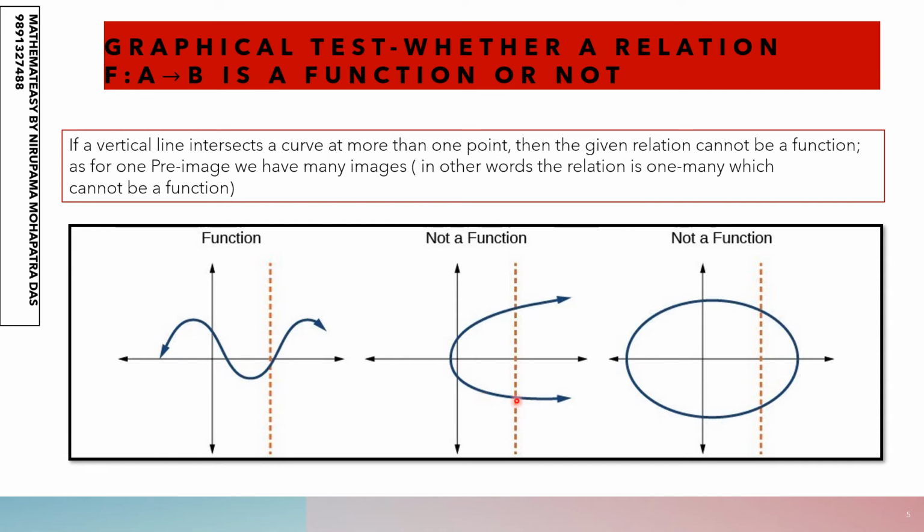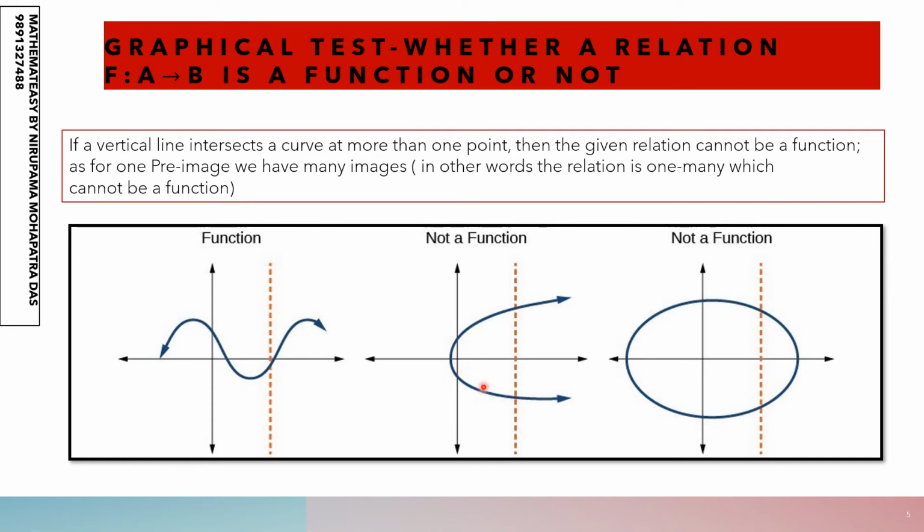If these points are (5, 2) and (5, -2), then 5 is associated with 2 and 5 is also associated with -2.